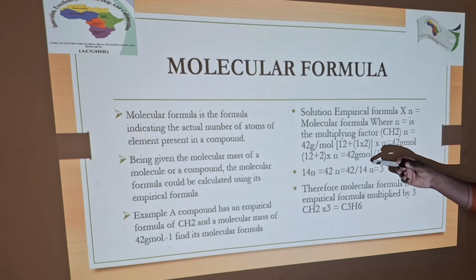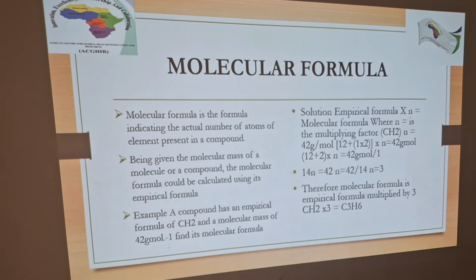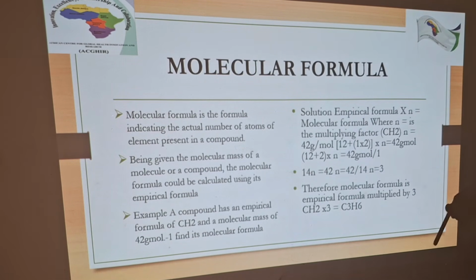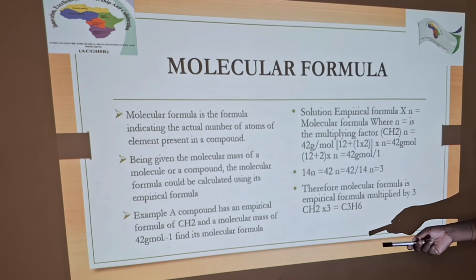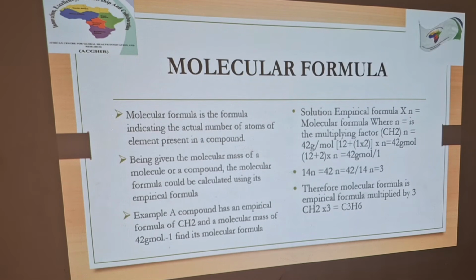As we simplify the equation, we are left with 14n is equal to 42, and n is equal to 3. This therefore means we are going to multiply the empirical formula by 3 for us to get the molecular formula. So our molecular formula is going to be C3H6, okay? And this is propene.